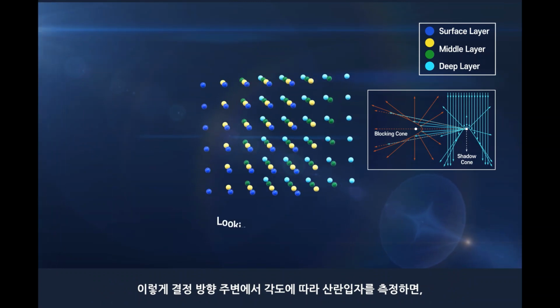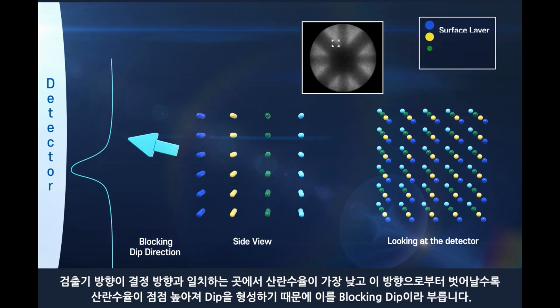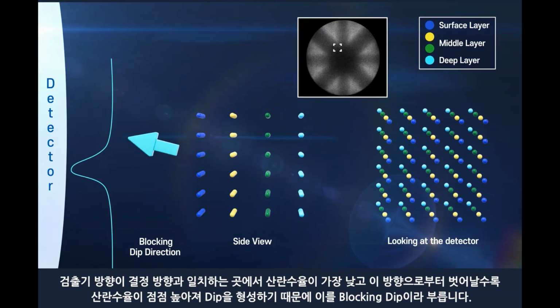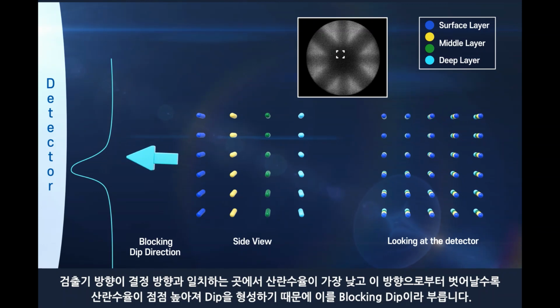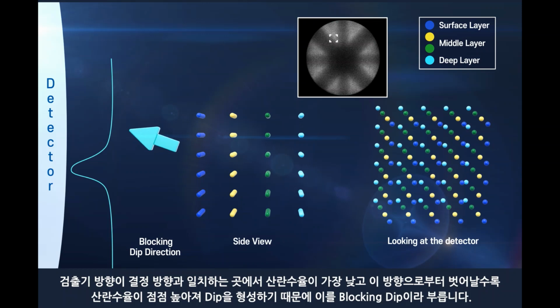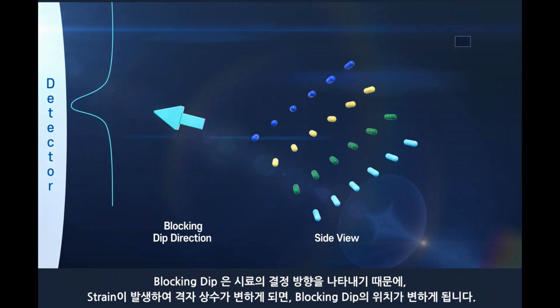Measuring the scattering yield of scattering particles as a function of the angle near the lattice direction of the sample is called the blocking dip measurement. The scattering yield is the lowest where the detector orientation coincides with the lattice orientation. The scattering yield gradually increases as it deviates from this direction to form a dip called a blocking dip.